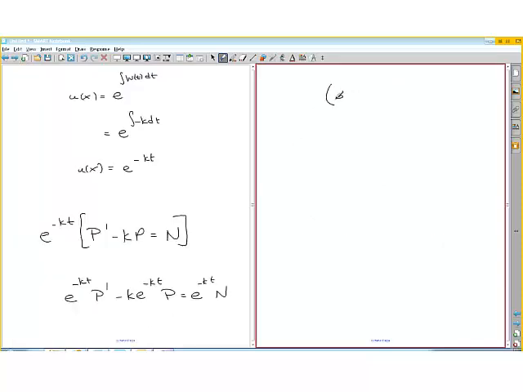Okay, we can collapse that down to e to the minus kt, which is this term, times p. And that's, taking the derivative of that, equal to e to the minus kt times this constant n. Multiply by dt and integrate.